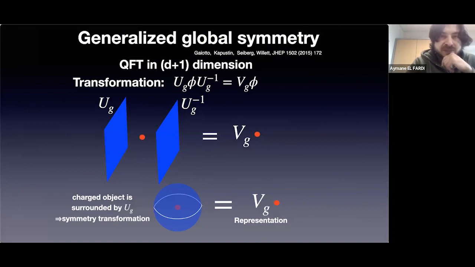So is this the case? So mathematically, I don't know what I should say.